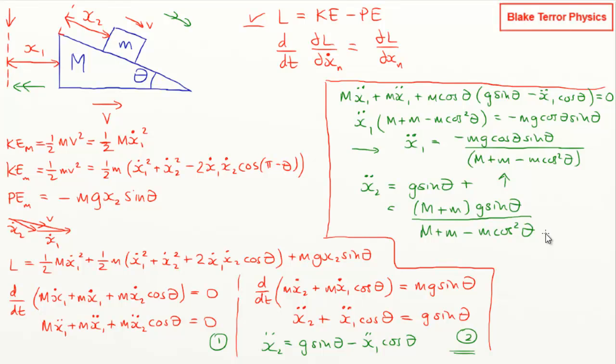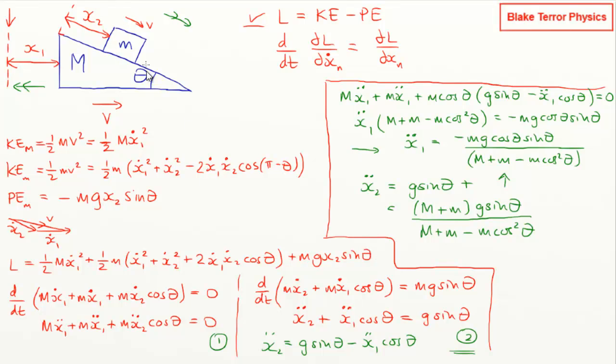It's once again constant. So we've got two constant accelerations. Again, we can integrate this and we can get velocity in the x2 direction as a function of time. We can integrate it again and we can get position in the x2 direction as a function of time.